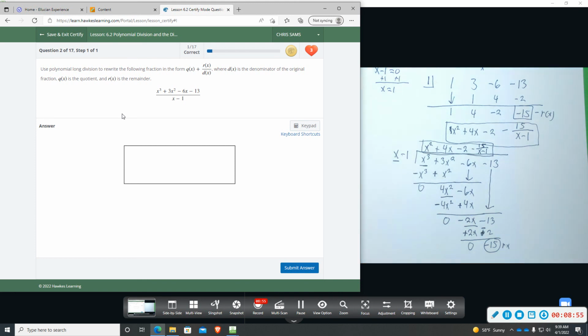So that is our solution here. X squared plus 4x minus 2 minus 15 over x minus 1.